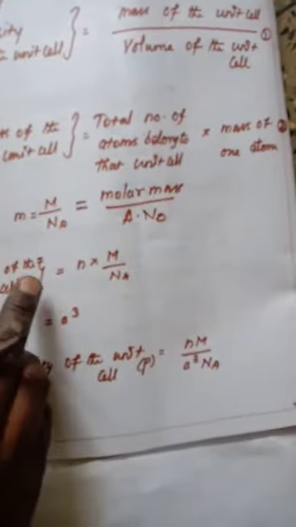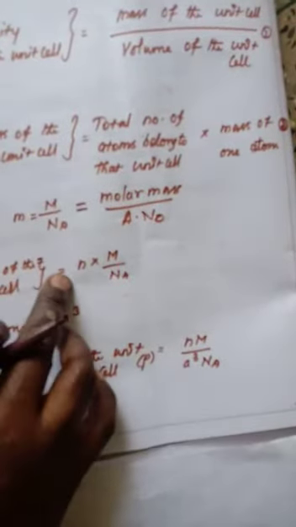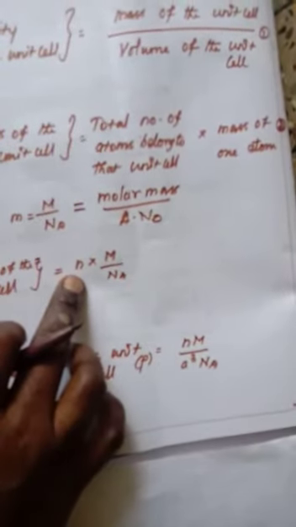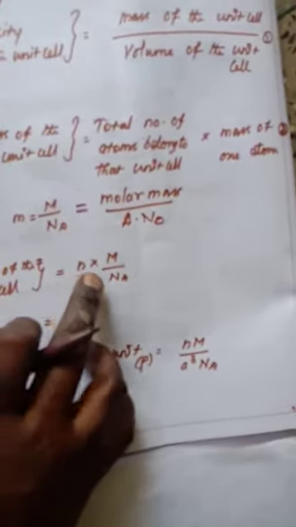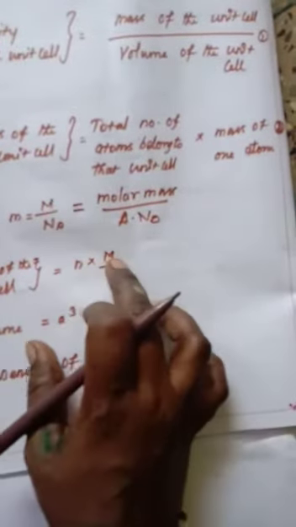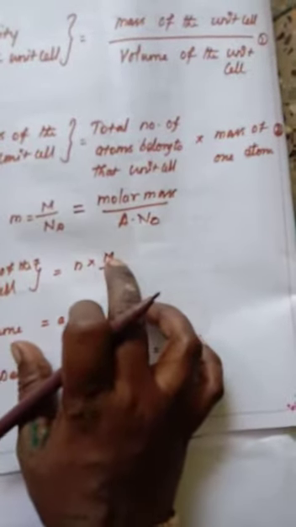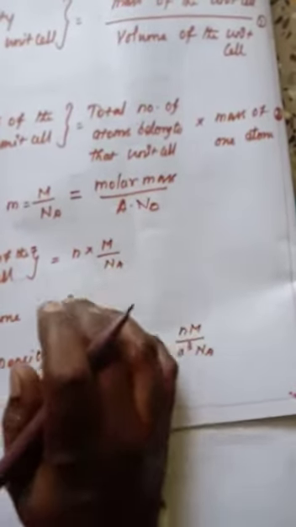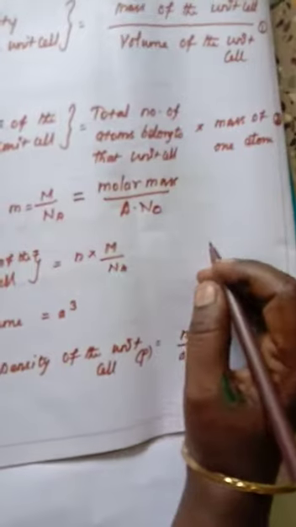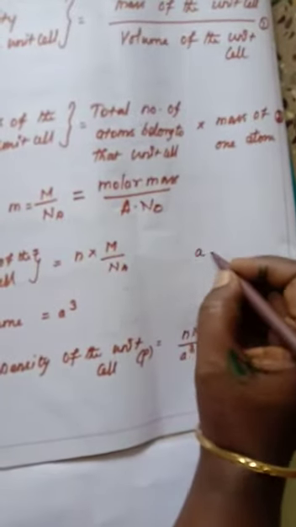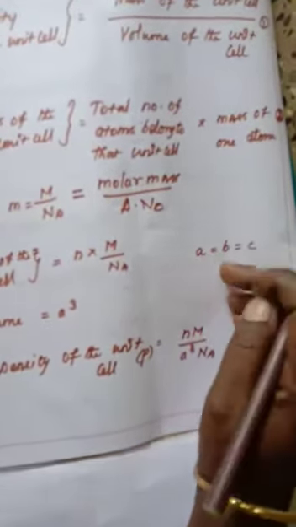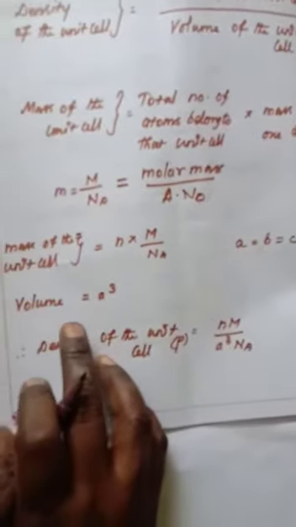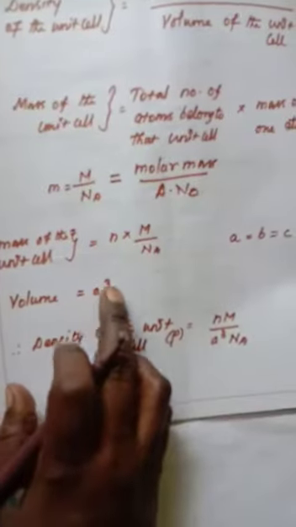So the mass of the unit cell is n, the total number of atoms belonging to that unit cell, into capital M, the molar mass of the crystal, divided by Avogadro number. Since it is a cubic cell, all three edge lengths A, B and C are equal, so the volume of the unit cell is A cube.